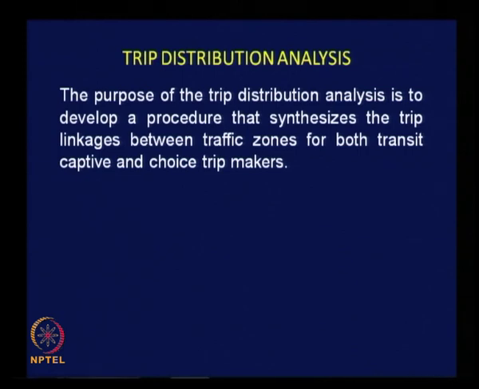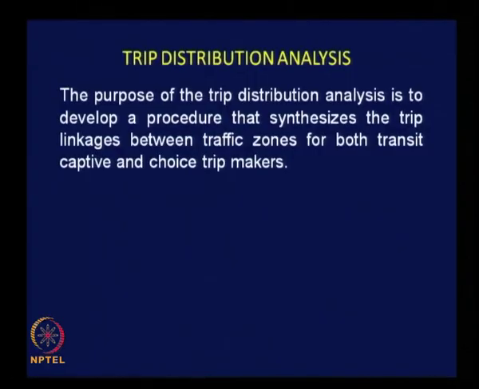Please recall, when we started mode choice analysis, we segregated transit captive riders and did the analysis only for choice riders. When we do the 3rd step, we put both the categories of travelers together and do the analysis for both the groups, both transit captive as well as choice riders. All the trips are to be distributed.